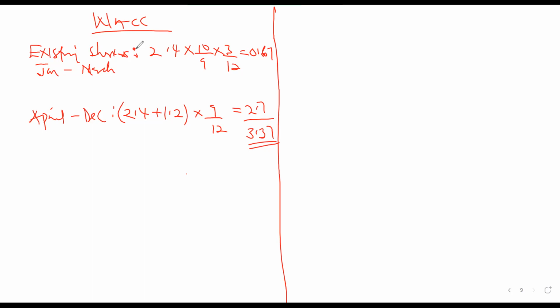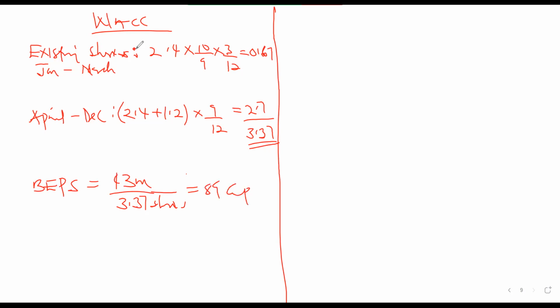So let's count to our basic earnings per share here. Our basic earnings per share will be the 3 million over 3.37 shares. What are we getting? I'm getting 89 GP.